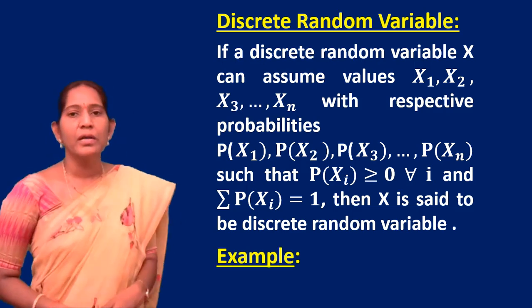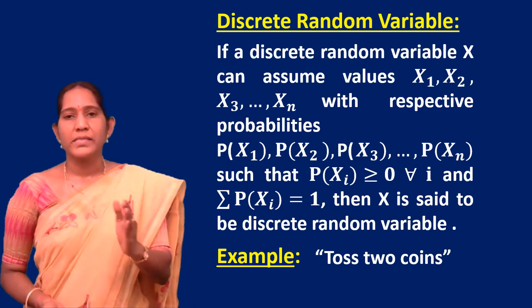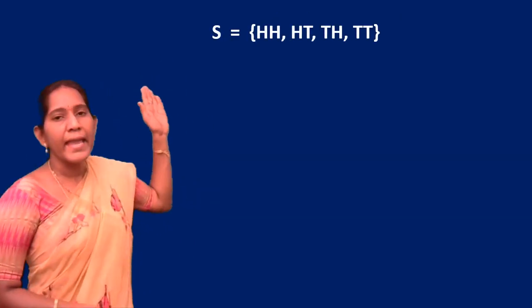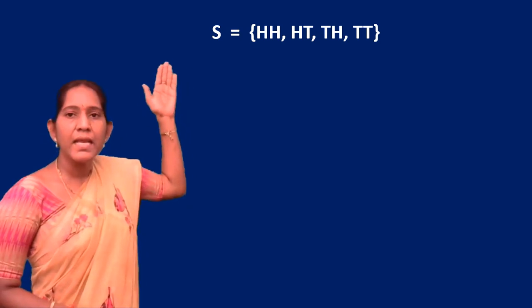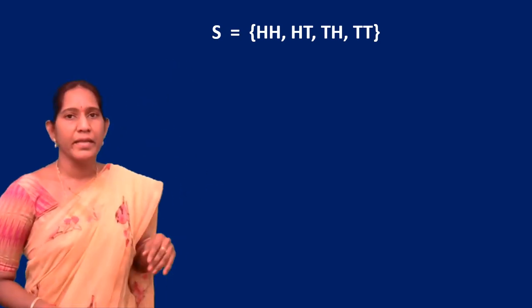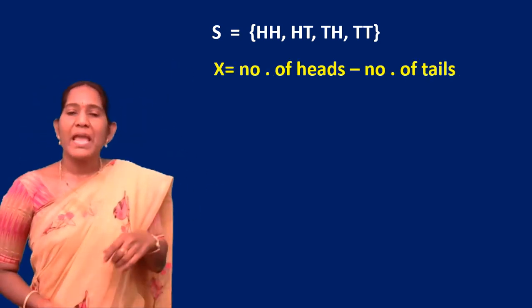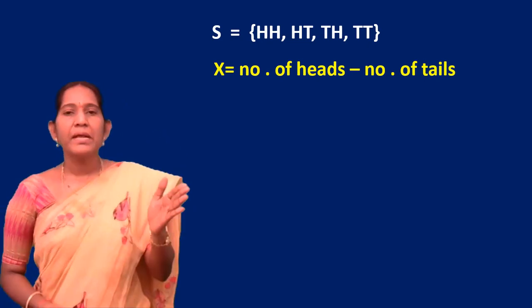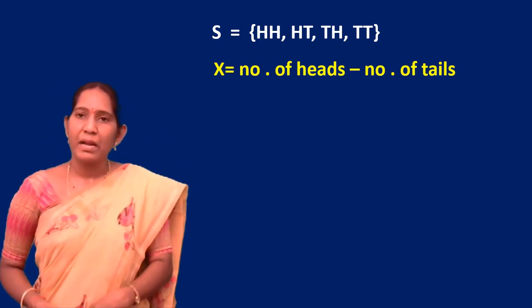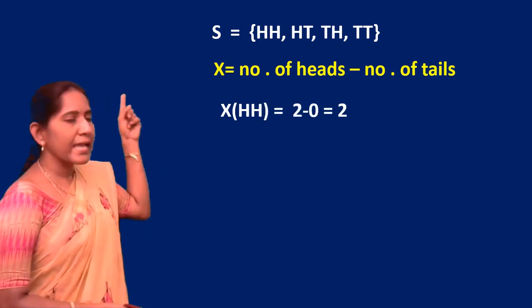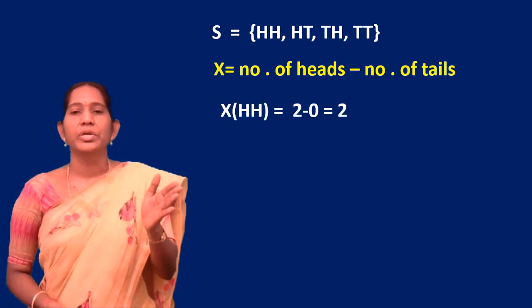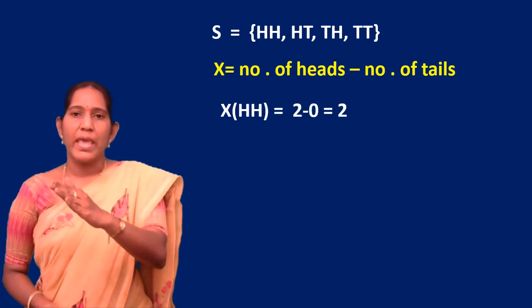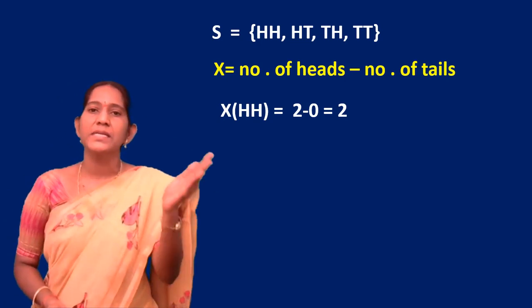See the example: toss 2 coins. S is equal to the set HH, comma HT, comma TH, comma TT. Now, random variable X is given as number of heads minus number of tails. Then X of HH is equal to 2 minus 0, there are two heads and no tail.